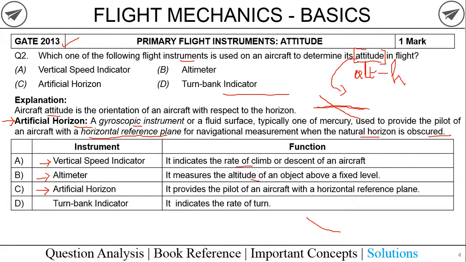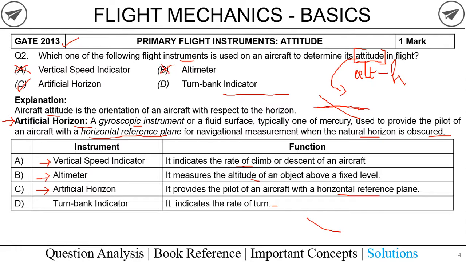The artificial horizon provides a pilot with a horizontal reference plane, and the turn bank indicator indicates the rate of turn. So basically, if we are concerned with the attitude of an aircraft, it must be the artificial horizon as no other options match.